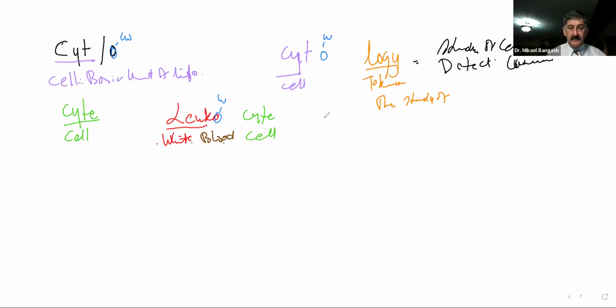Another kind of cell is what we call, again, site.